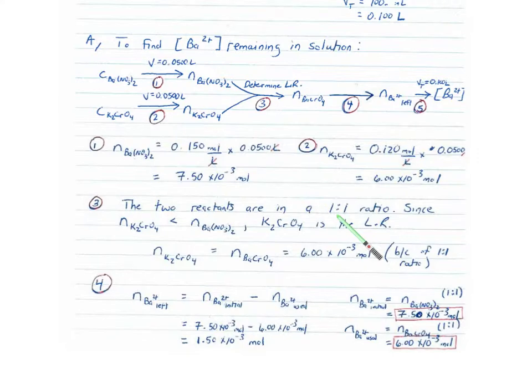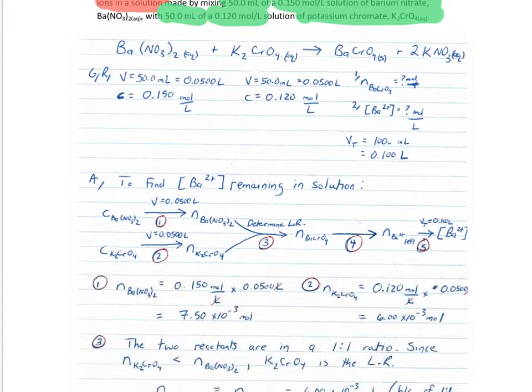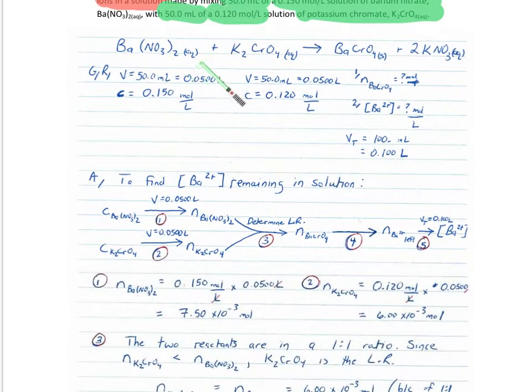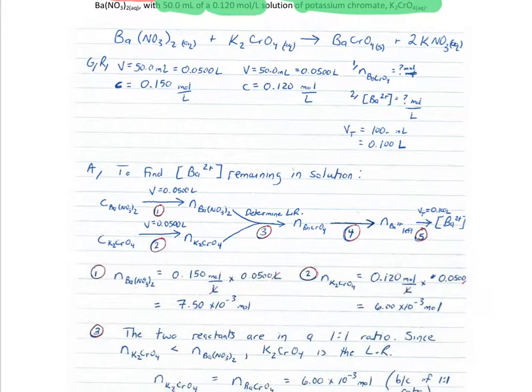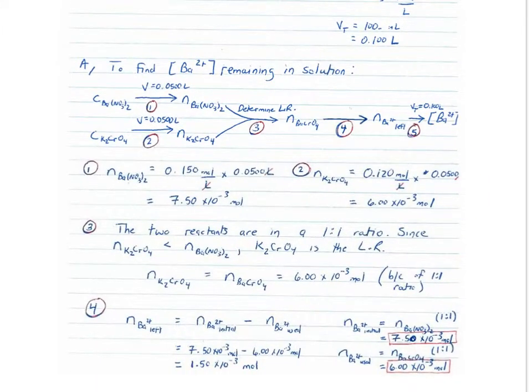Again, we see that there's a 1-to-1 ratio between the two reactants right here, and the number of moles of the K2CrO4 are less than the Ba(NO3)2, right? So there's less moles of this stuff than there is of this stuff. Therefore, the potassium chromate has to be the limiting reagent, and so it's going to determine the number of moles of the barium chromate.